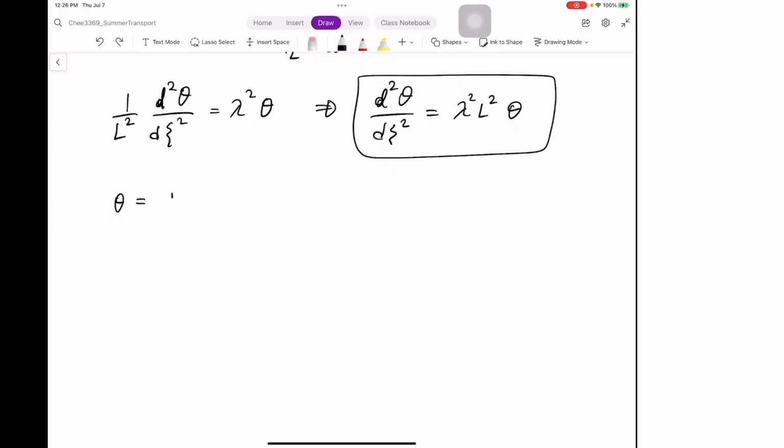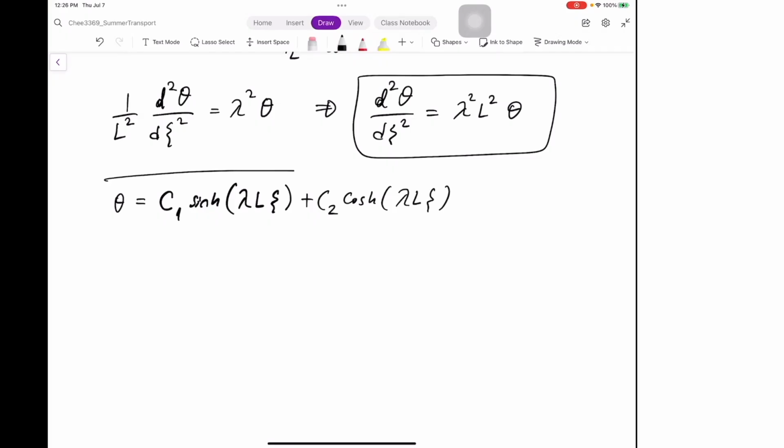So you can actually write it as theta equals C1 sine hyperbolic lambda L psi plus C2 cosine hyperbolic lambda L psi. Again, this same solution. We need to find the C1 and C2, right? What are our boundary conditions?